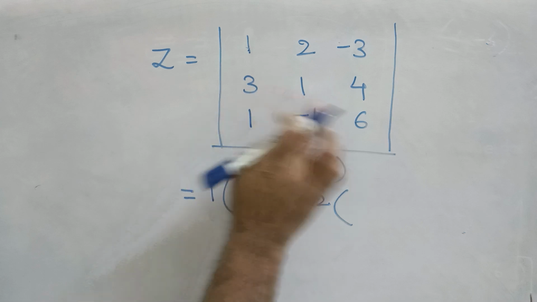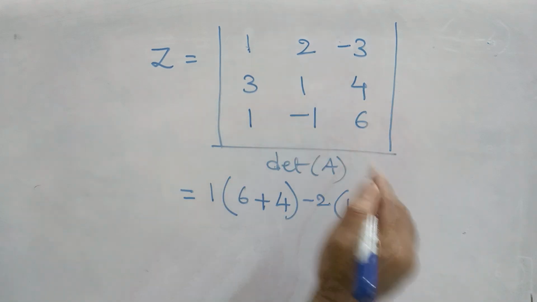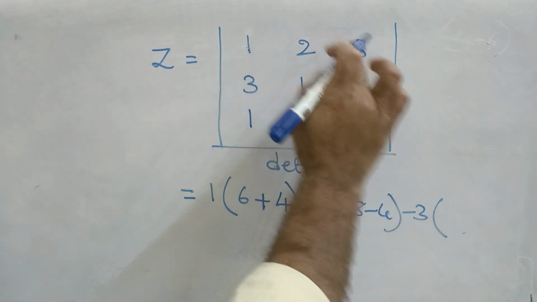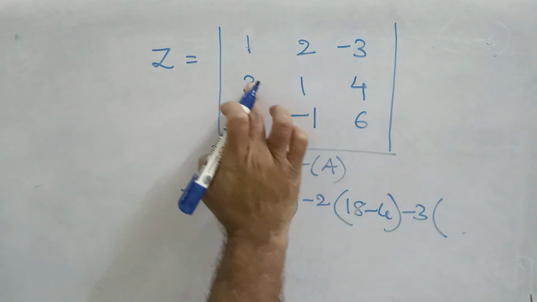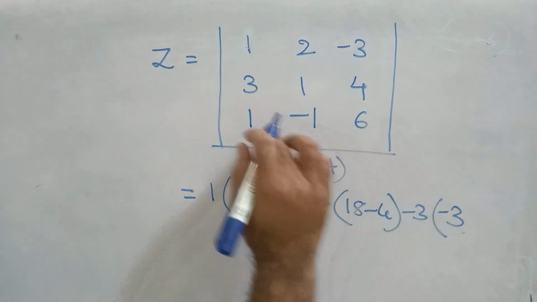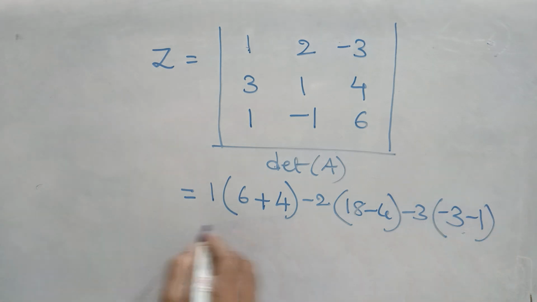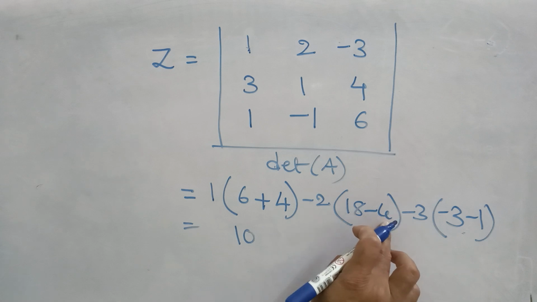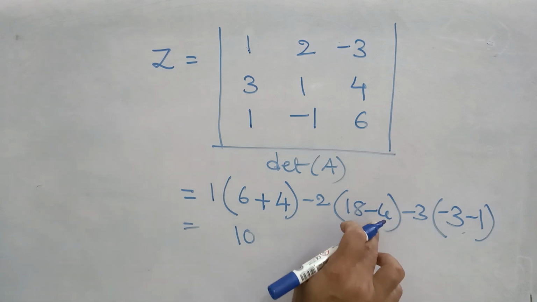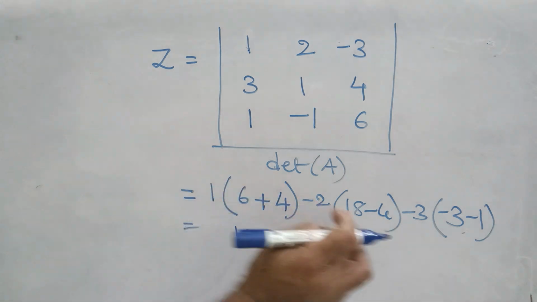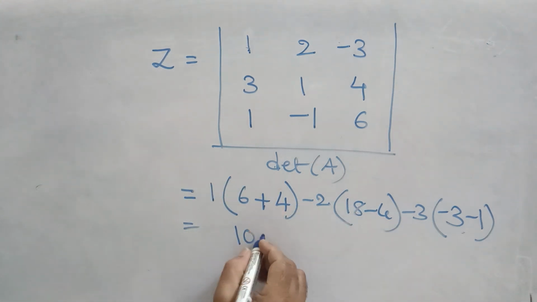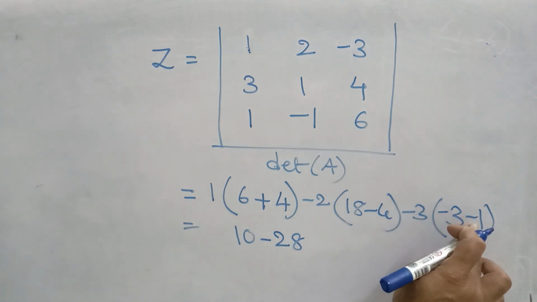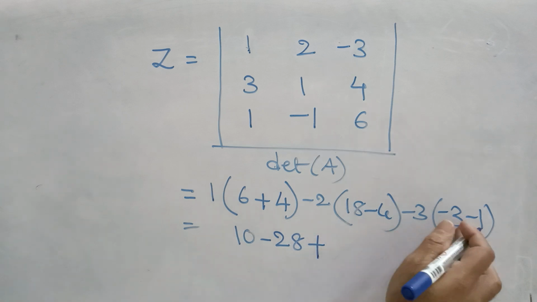Okay, take this: 3 into 6 is 18, minus 4 into 1 is minus 4, and it is minus 3 into, take this row and this column, 3 into minus 1 is minus 3, and minus 1, getting 6 plus 4 is 10, 10 into 1 is 10, right? 18 minus 4 is 14. 14 into 2 is 28, minus 28, minus 3 minus 1 minus 4, minus into minus is plus, 4 into 3 is 12.